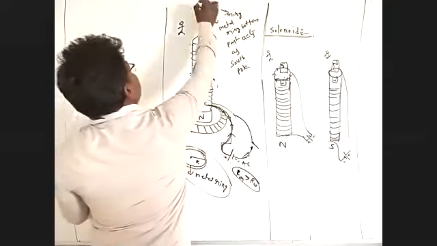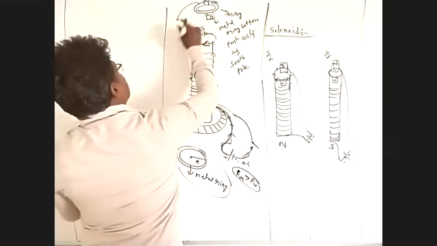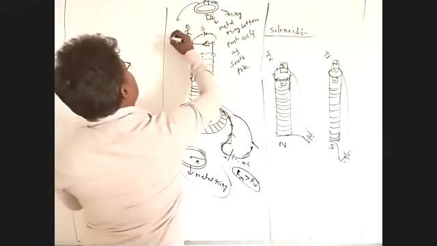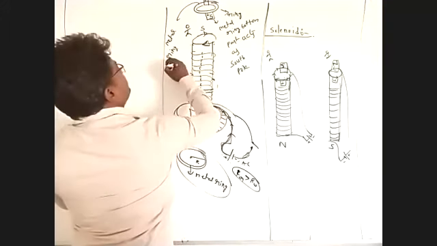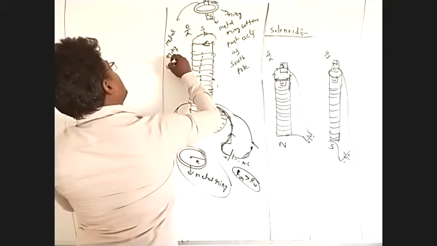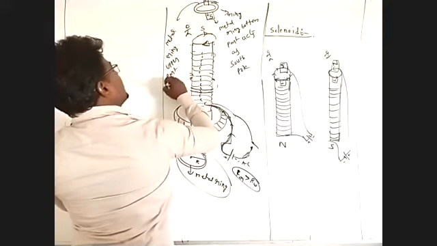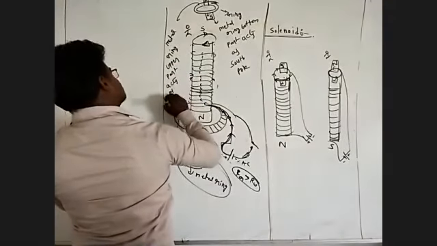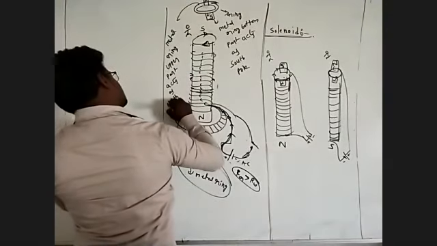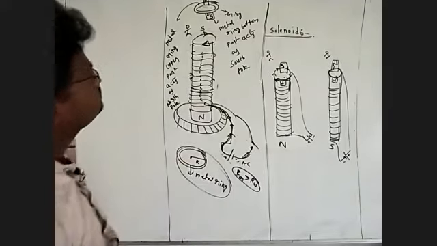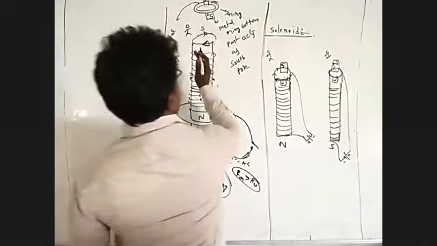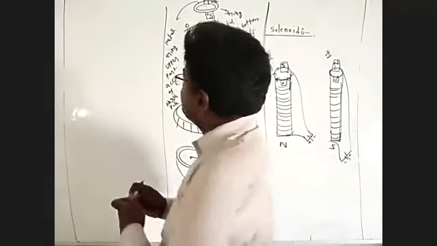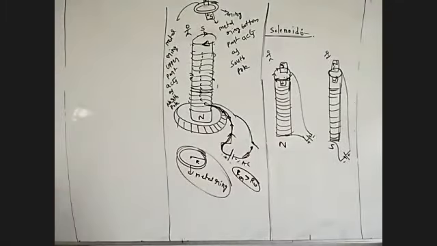This is the upper part, the observer. The metal ring's upper part acts as a north pole. So now, the ring is in air.